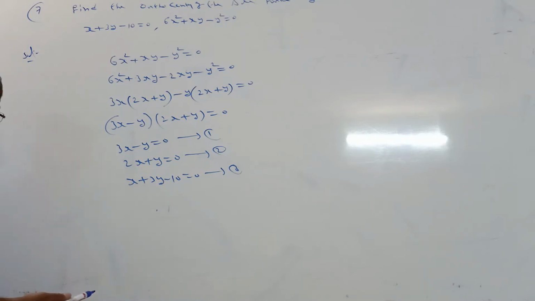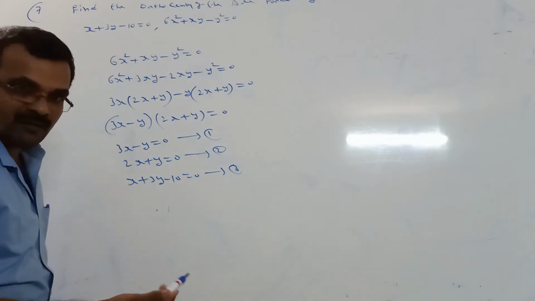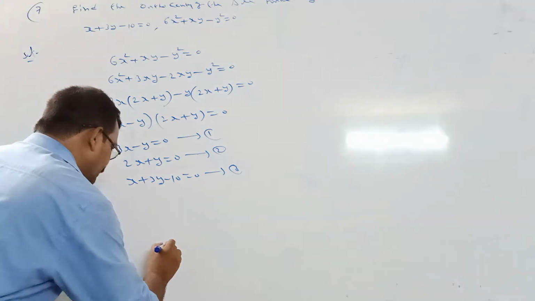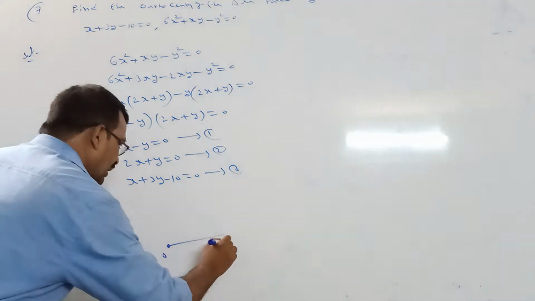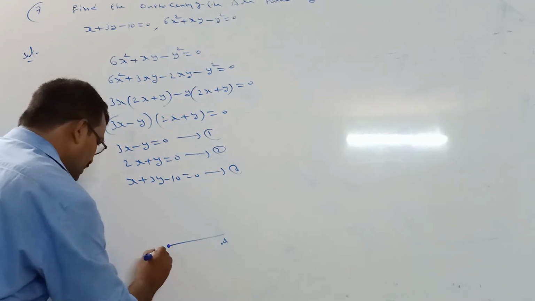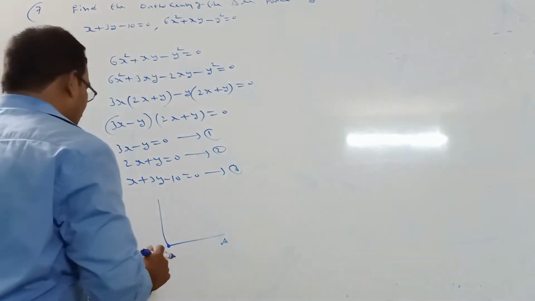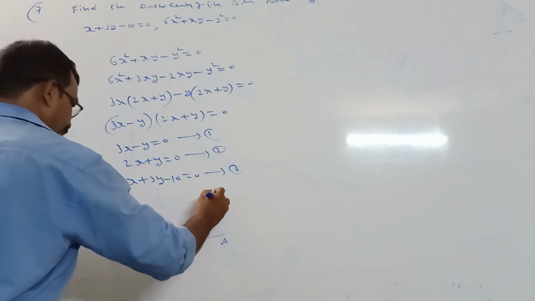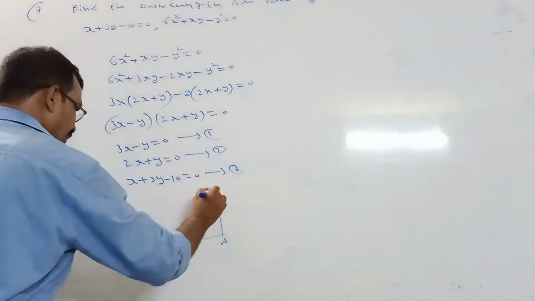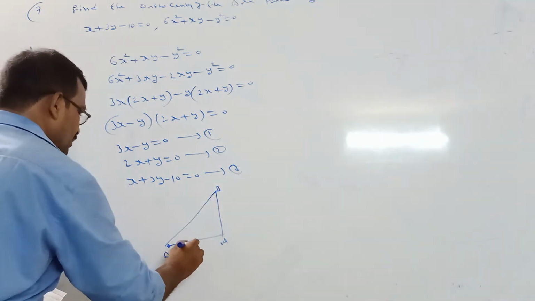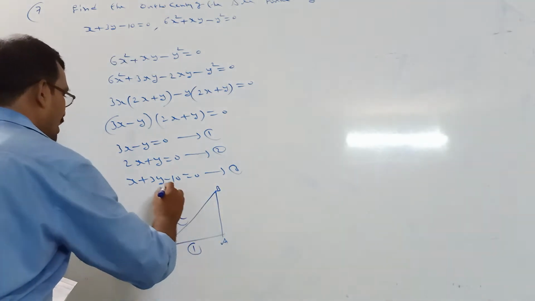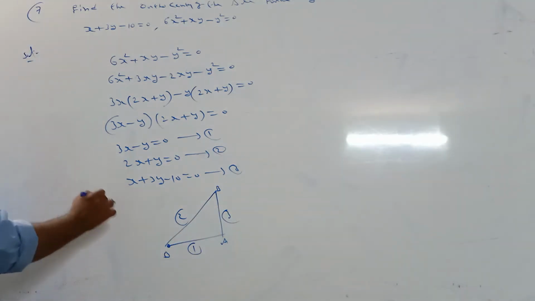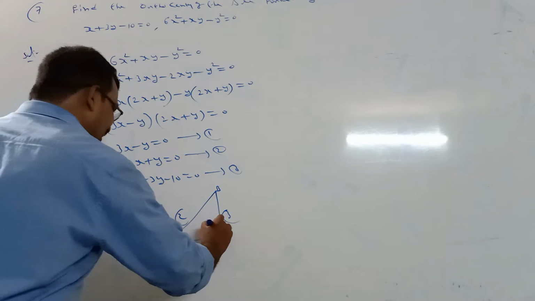So for the perpendicular lines, orthocenter means the point of intersection of the perpendicular lines. See, this is OA, another is OB. OA, this is 1, OB is 2, and 3 is this one. 1 and 3 are perpendicular lines.